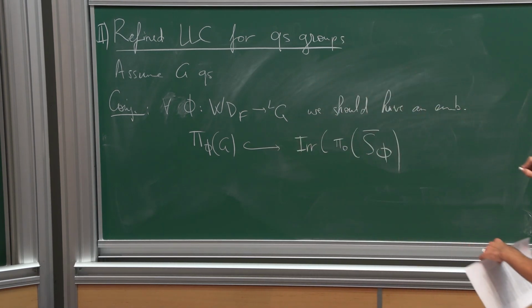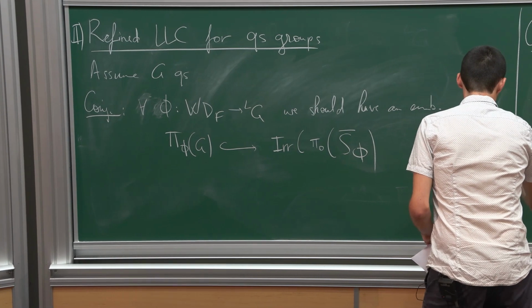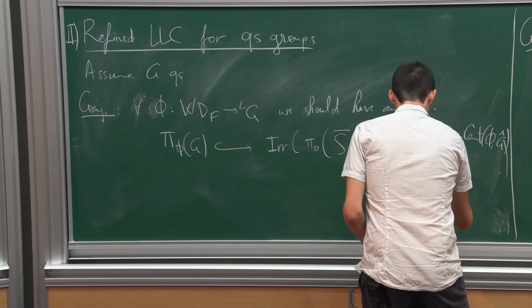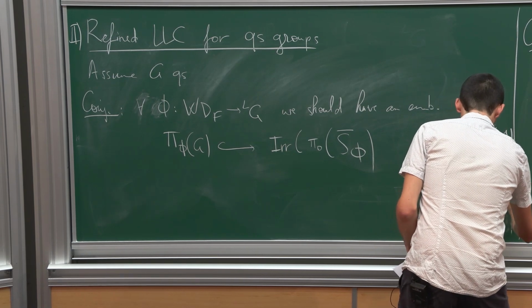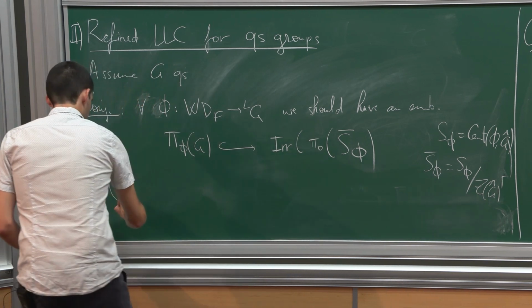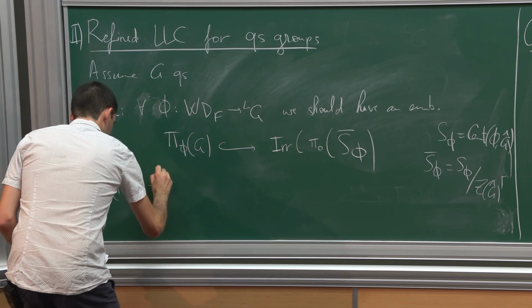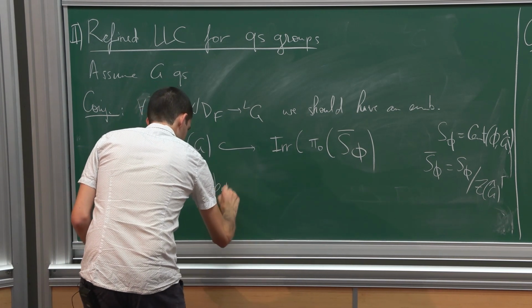We call S phi the centralizer of phi in G hat, and S bar phi is the quotient by the invariants under Galois in the dual group. And for F non-Archimedean, this should be a bijection.